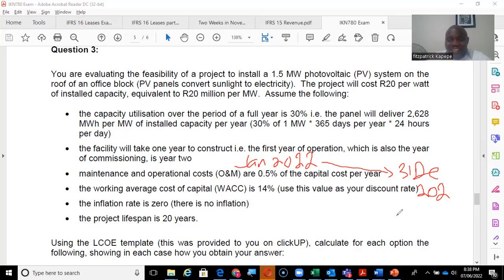Because from January 2022 until December, you'll be constructing, so you can't have total production. But from January henceforth, that's when you'll start.